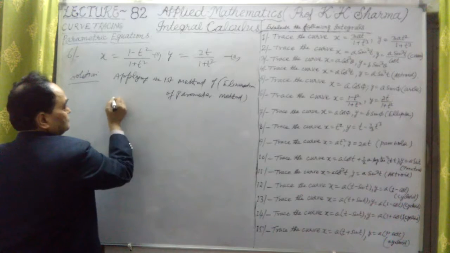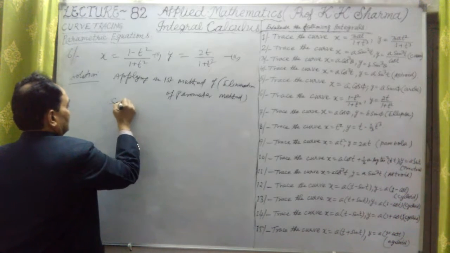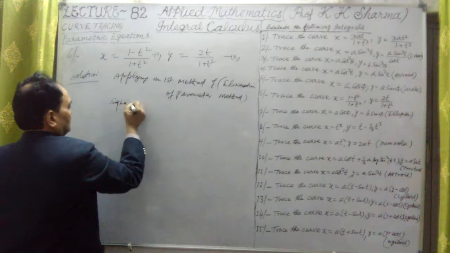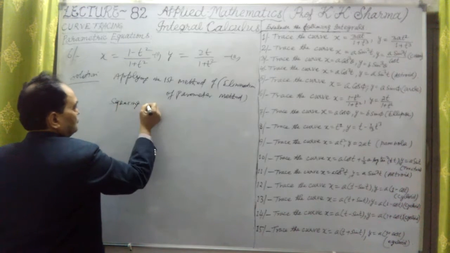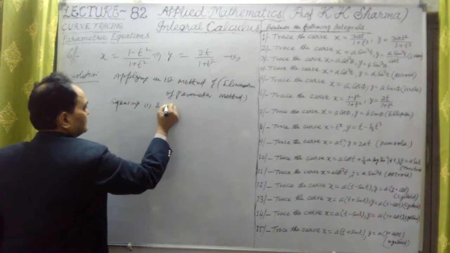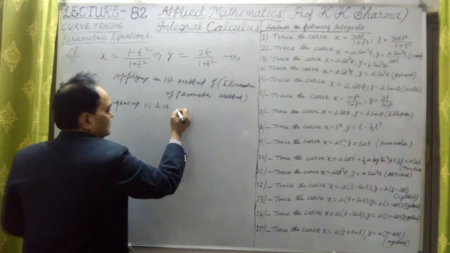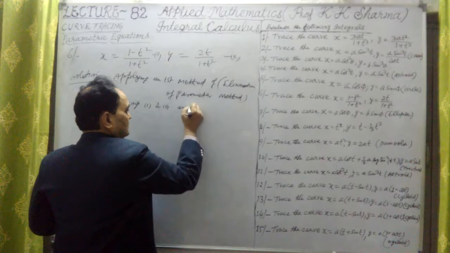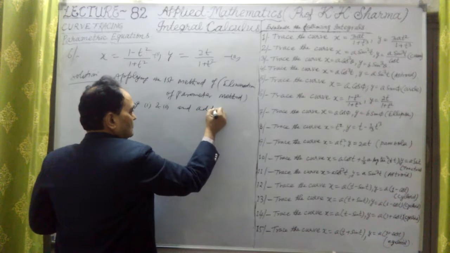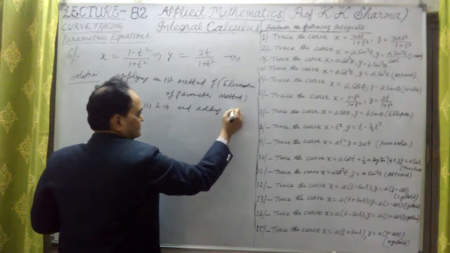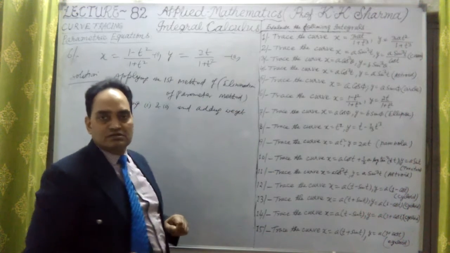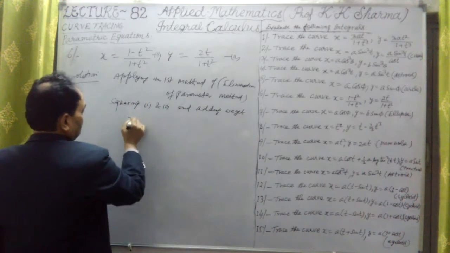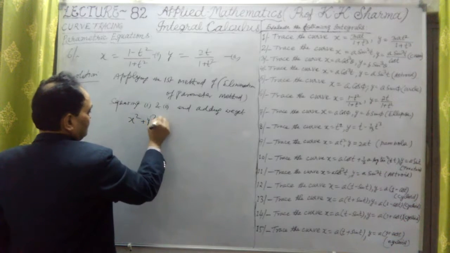What we have to do is squaring first and second and adding. On addition we get, first squaring and then adding, these two equations as x square plus y square.